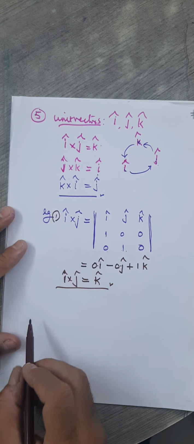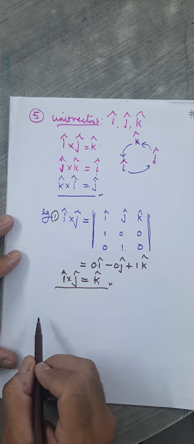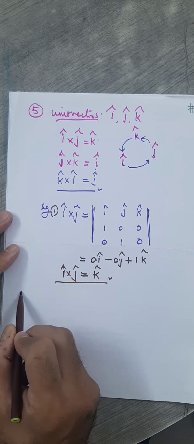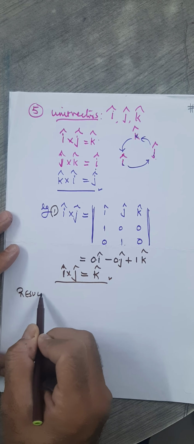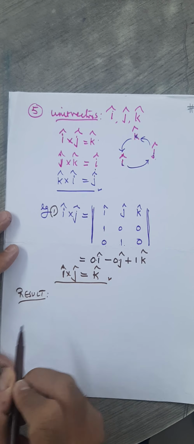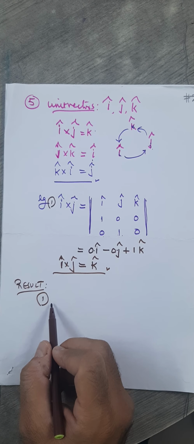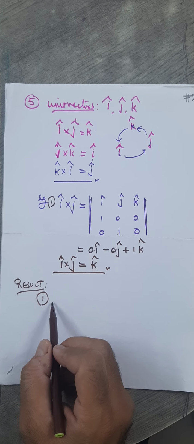Fine. Now the next important result you can say, so let me write here as a result. That's a distributive property. The cross product is distributive over the addition.